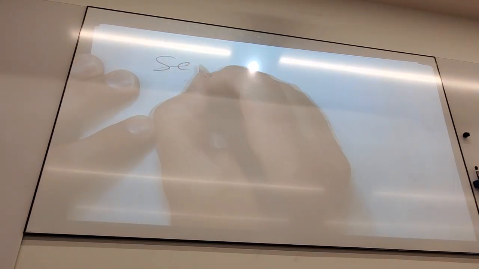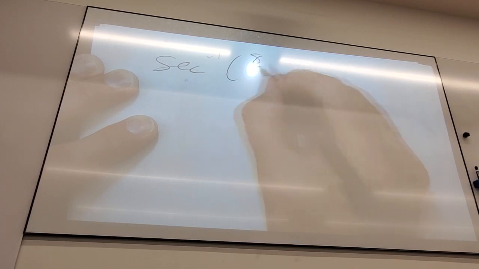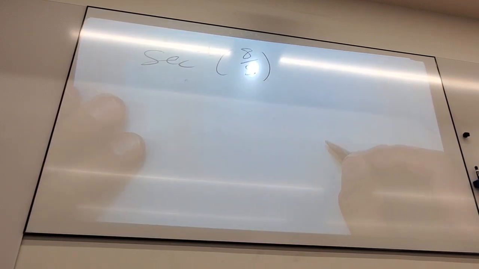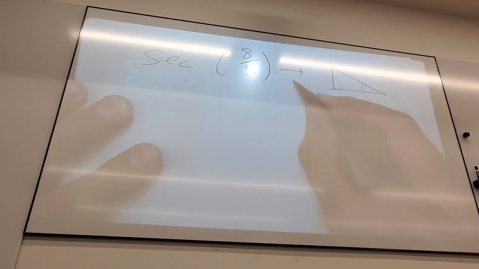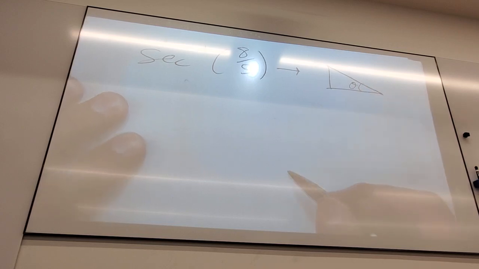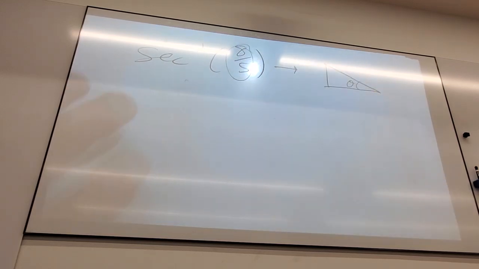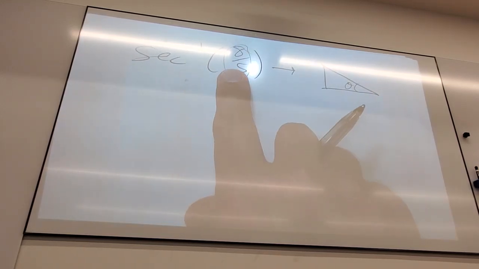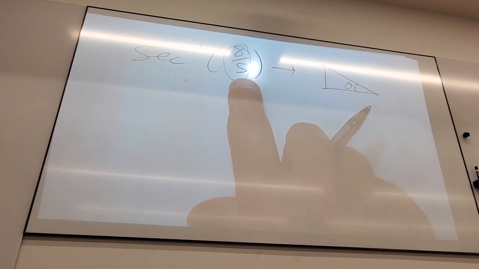For example, if I have inverse secant of 8 over 5, this is an angle, correct? The output for an inverse trig is an angle. It lives in a triangle that I know stuff about because this is related to secant. So which side is going to be 8? Which side is going to be 5?